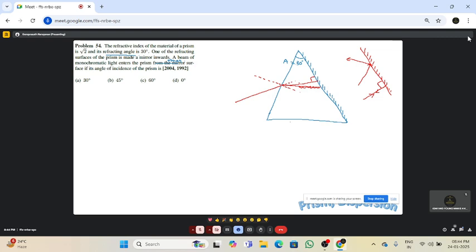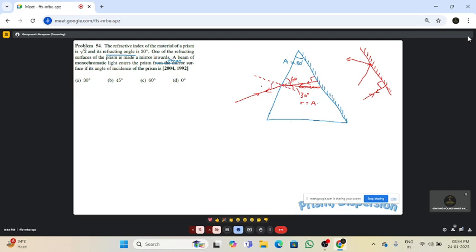So that means it's going here and then coming back here, which means it will retrace the same path. For 90 degrees, if this is 30, obviously this will be 60 degrees, and this angle is 30 degrees. In other words, R is equal to A. Derivation.